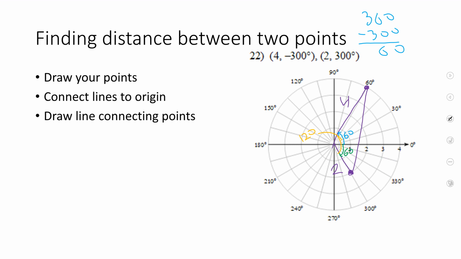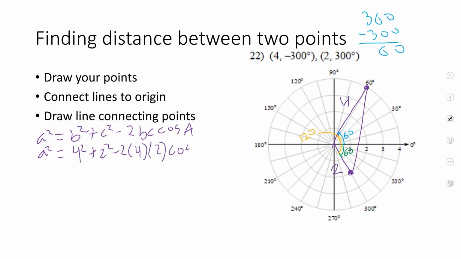And once we have an angle and the two sides, we do our law of cosines. So then we just plug everything in. A squared equals b squared plus c squared minus 2bc cosine of A. Then we have a squared equals b is going to be 4 because I said so. You could put 2 there. Plus 2 squared minus 2 times 4 times 2.